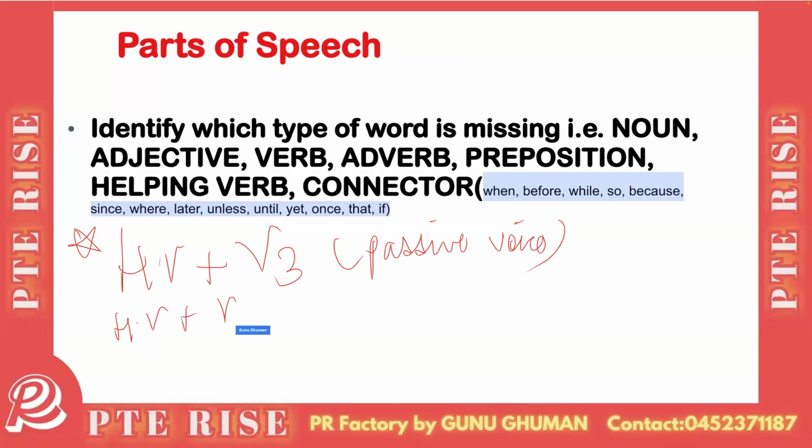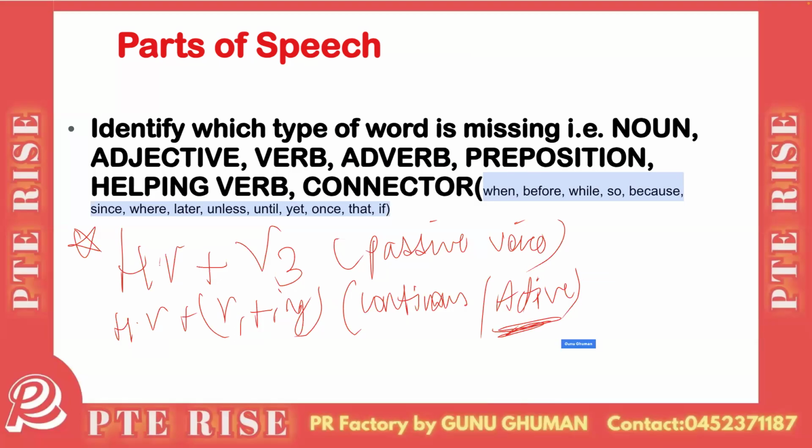Helping verb plus first form of verb plus ing. Which tense? Continuous tense, but active voice. What is the passive voice of continuous? Class is being taught by me. Being. So, continuous passive voice has helping verb as being.